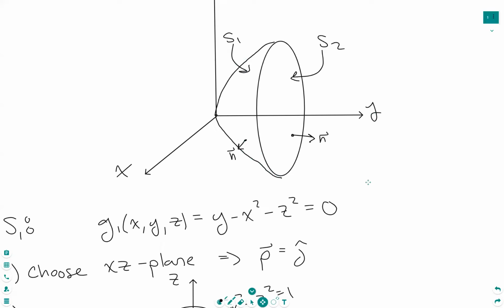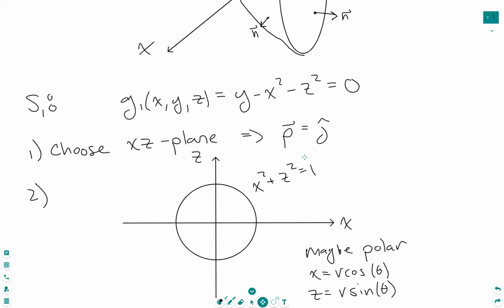It gets steeper and steeper, but it never gets exactly parallel with it. So any vector is pointed somewhat in the negative y direction.